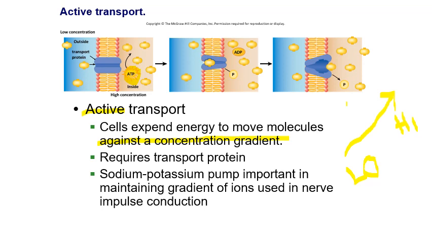So we're going against the gradient and creating an even higher gradient, and that takes energy, right, to move things against their concentration gradient. This is a really important concept that a lot of your cells use a particular type of active transport called a sodium-potassium pump. That sodium-potassium pump is going to be important in maintaining a concentration gradient across the membrane of the cells in your body.